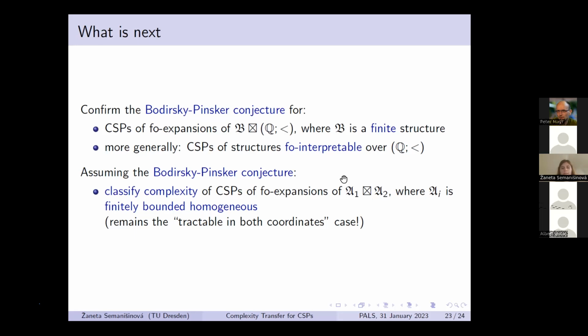What remains is the case where both of the things are tractable. For the general problem, one would have to make the solution way less ad hoc, not just combine specific properties of the algorithms, which is what we needed for Q with order, but really understand what it means in terms of polymorphisms.